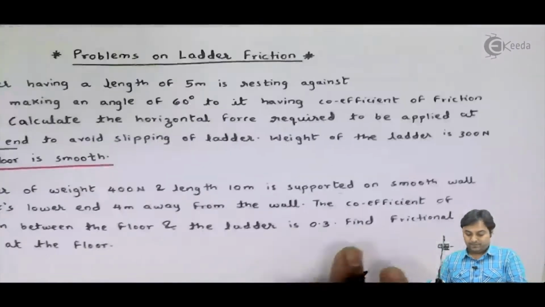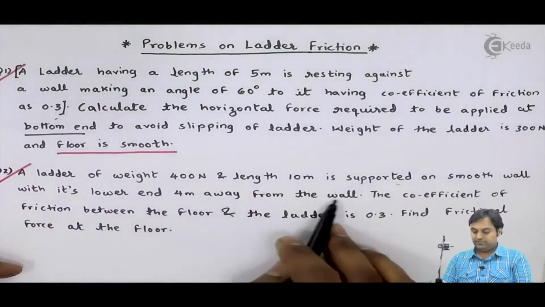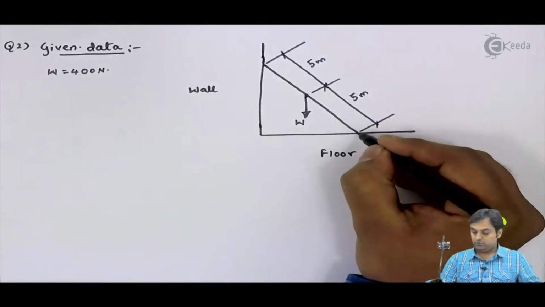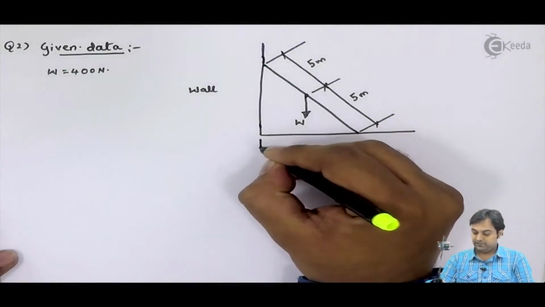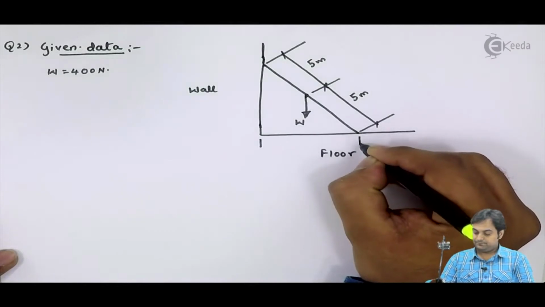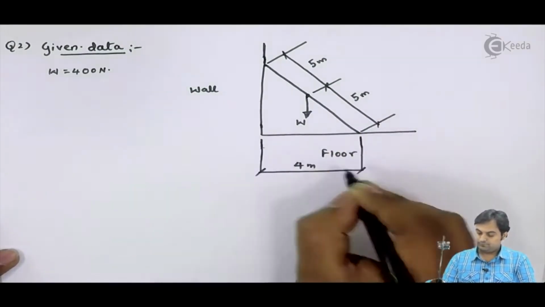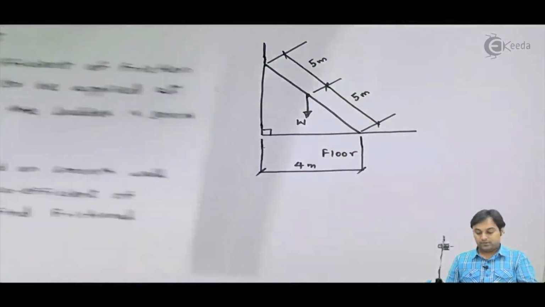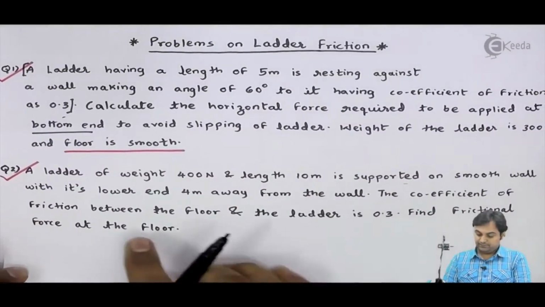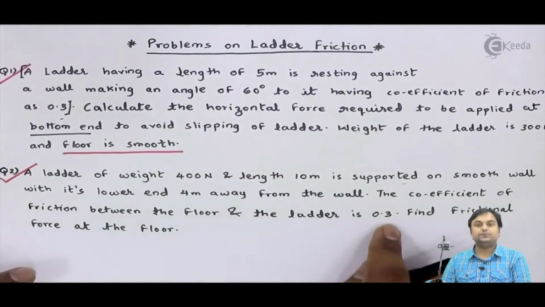Next, with its lower end 4 meter away from the wall. This lower end of the ladder is 4 meter away from the wall. Then the coefficient of friction between the floor and the ladder is 0.3.